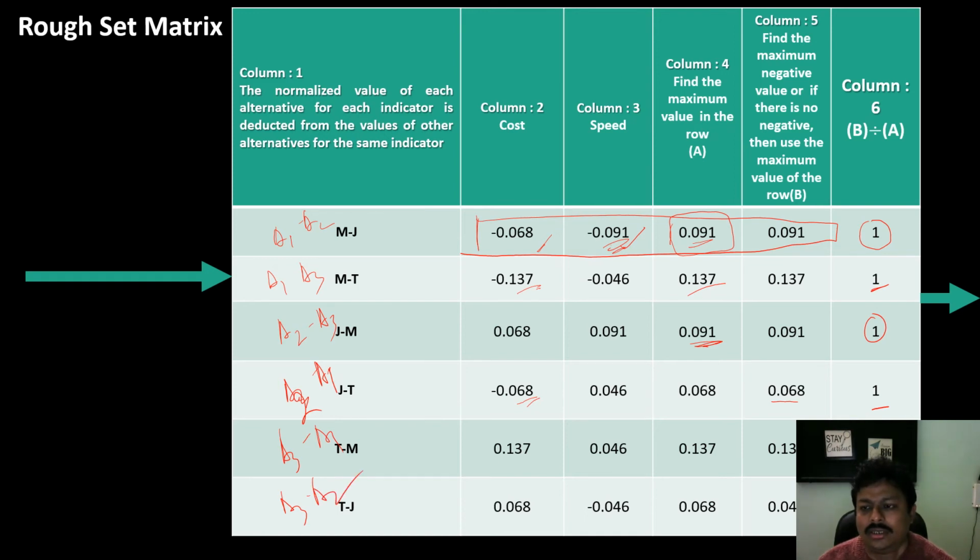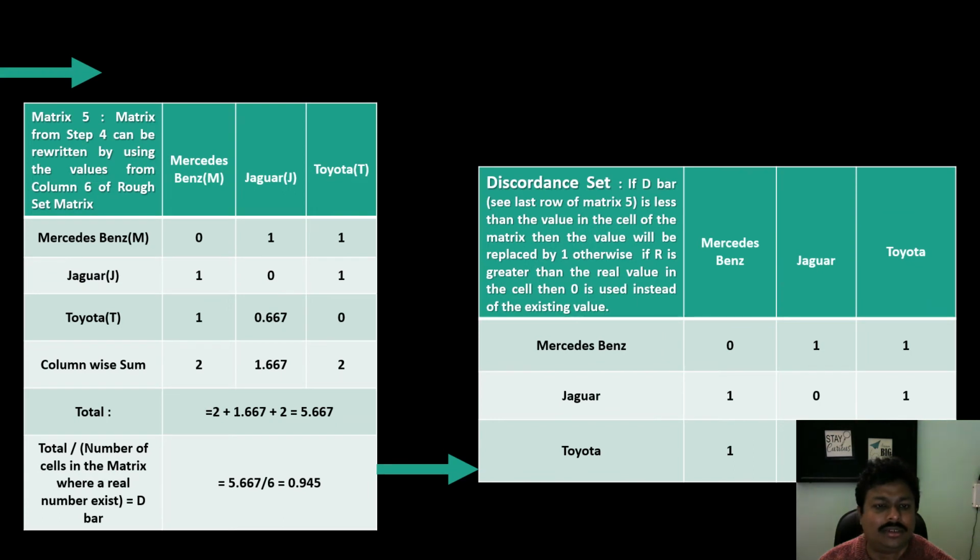After that, we'll go to the next matrix. This matrix will be created, and when we are creating this matrix, if I go to the earlier section, you will see this is your A1, this is A2.